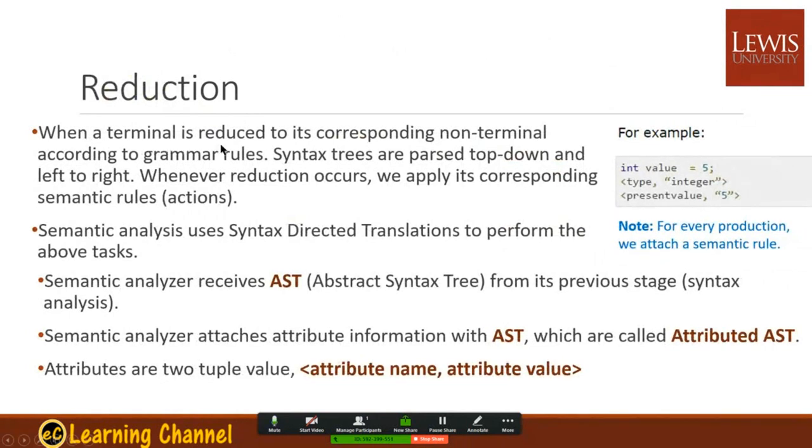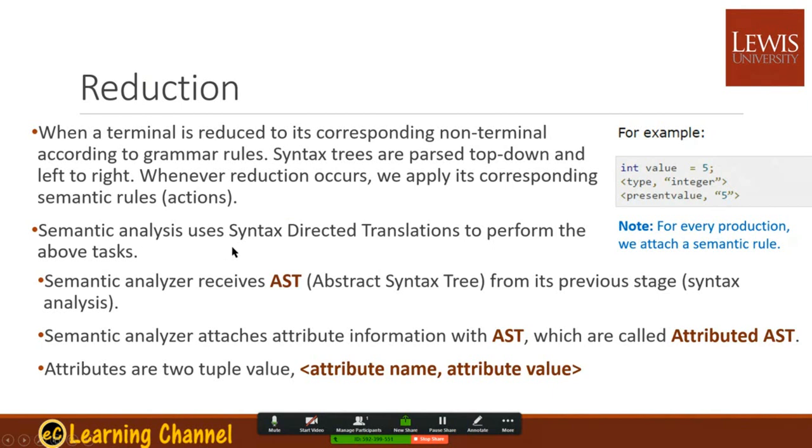Reduction is when the terminal is reduced to its corresponding non-terminal according to the grammar rule. Syntax trees are parsed top down and left to right. Whenever reduction occurs, we apply the corresponding semantic action or rules. So integer 5: value equals 5, type is integer, present value is 5. So these are the declarations.